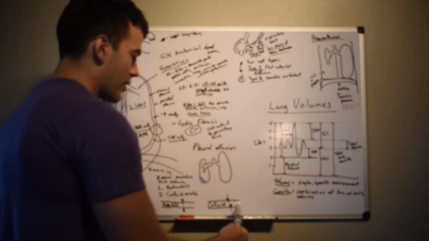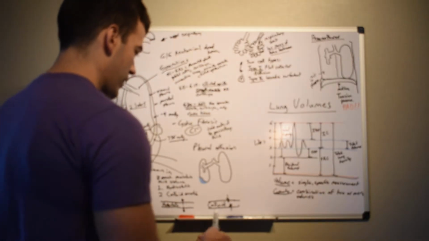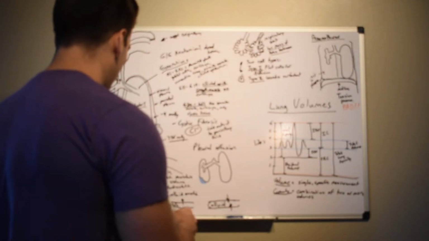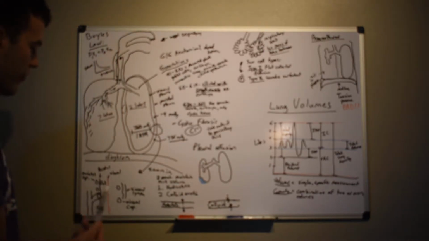We have proteins in our blood, and the main one's going to be albumin. We know that from our previous lectures. And those are going to exert a certain force on the pleural fluid from the parietal capillaries.